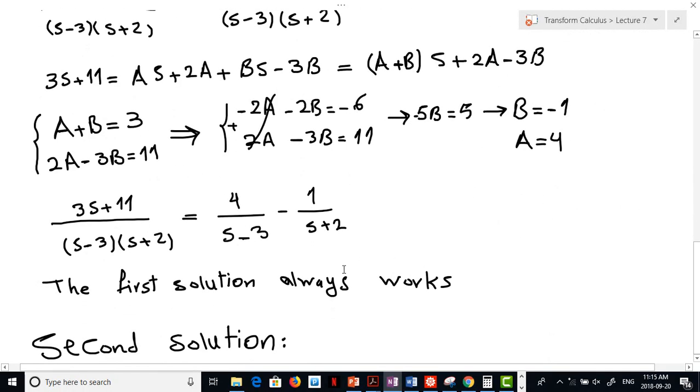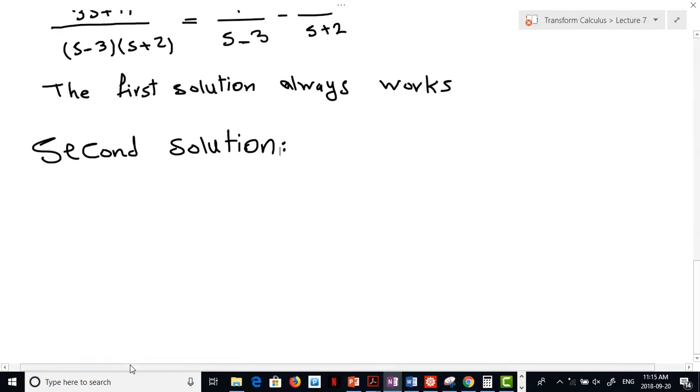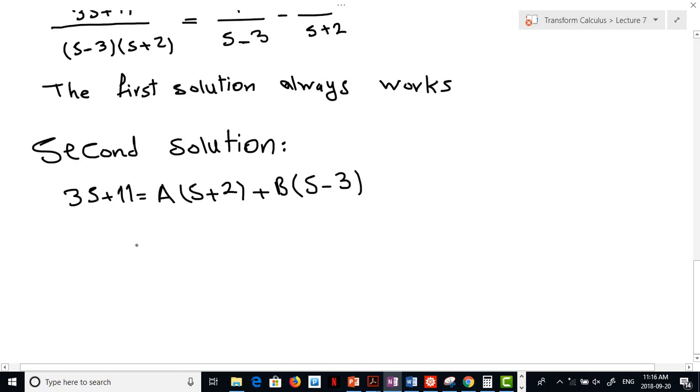We just write 3s + 11 equal to A times (s + 2) plus B times (s - 3). So we want to find A and B, but we don't want to expand the right hand side. We have two equations, they are equal. If they are equal, it means that they are equal for all the values of s.